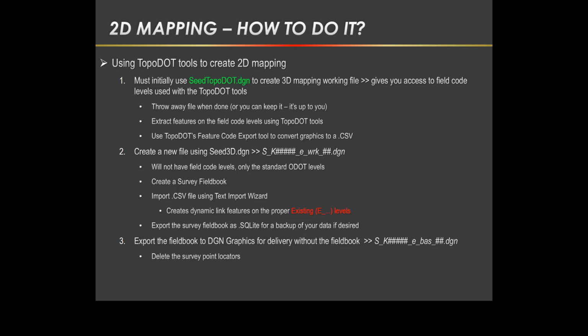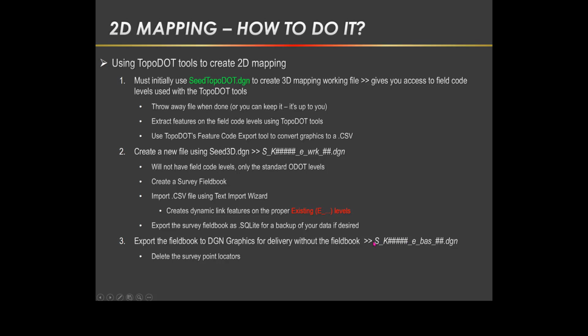And it's going to create those dynamic link features on your existing levels that you would want to deliver and put up in your base file. And again, you can export that survey field book as an SQLite if you want. And then you would export the field book to the DGN graphics for delivery without the field book. So then that would be your base file.